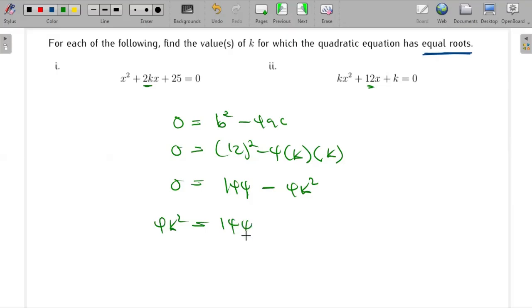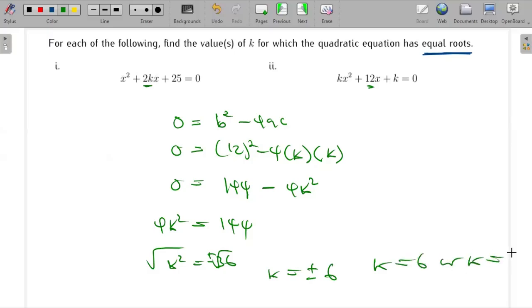Then you can easily divide 144 by 4. You get k squared is equal to 36. Take the square root, and k is equal to plus or minus 6, which means k is equal to 6 or k is equal to negative 6. So those are the values, and that's how you get them.